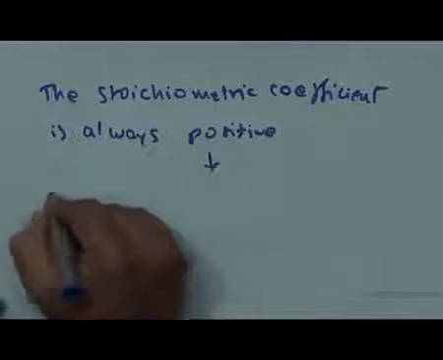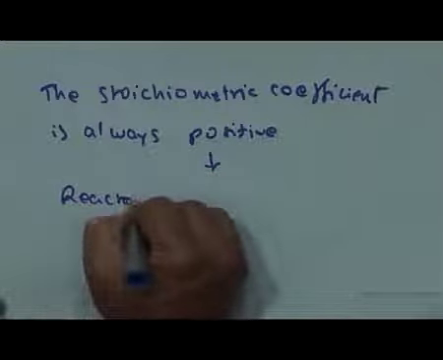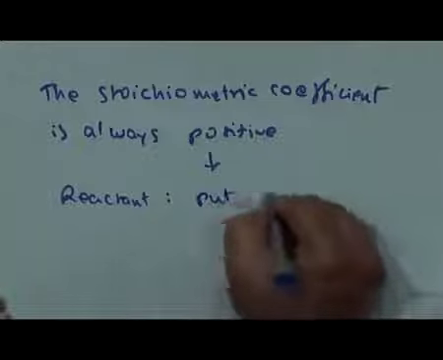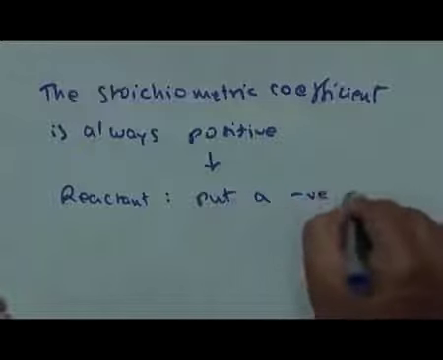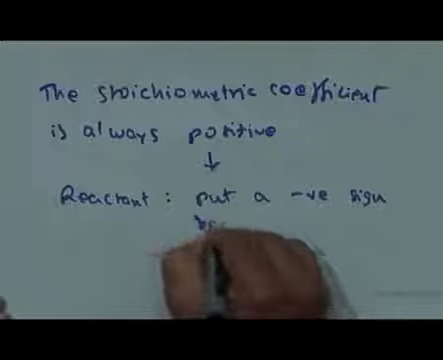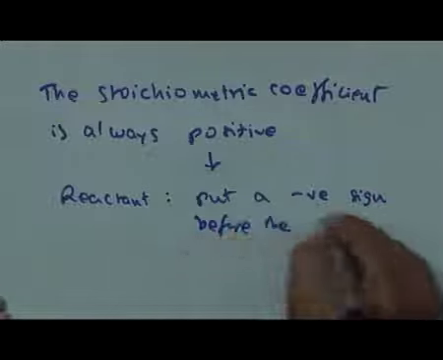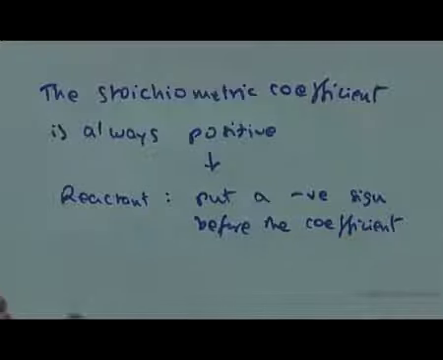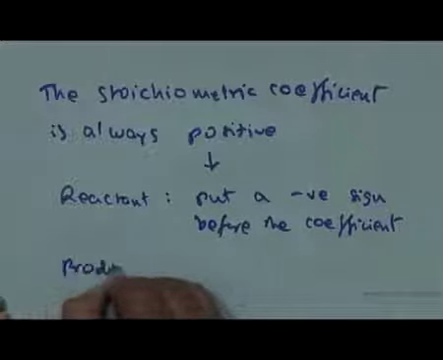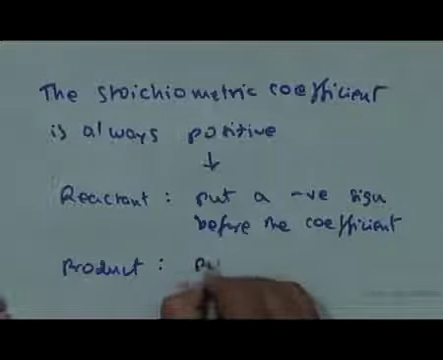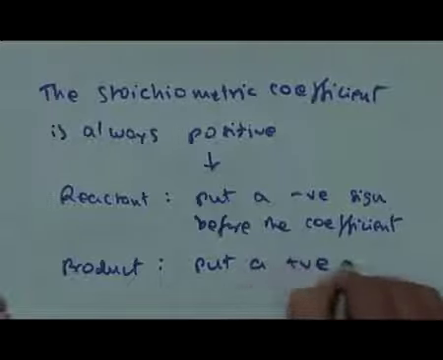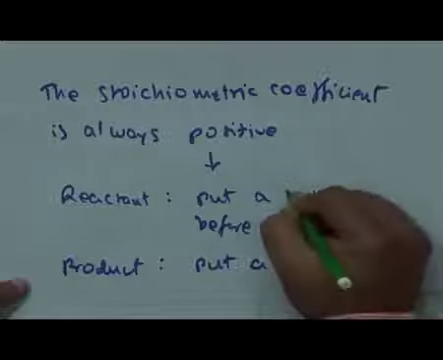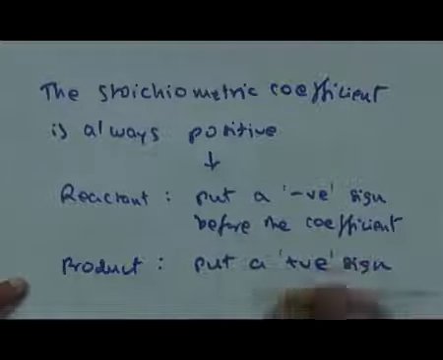Only when it is for the reactant, we put a negative sign before the stoichiometric coefficient. If it is product, we put a positive sign before the stoichiometric coefficient, and this obviously is understandable based on our discussion.